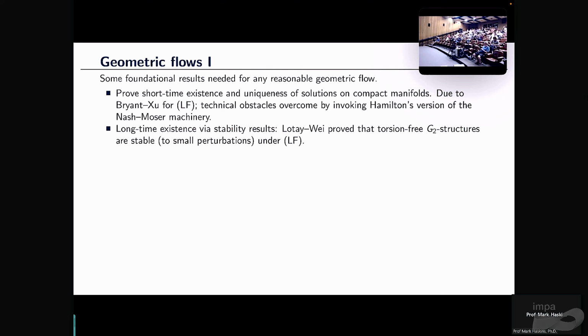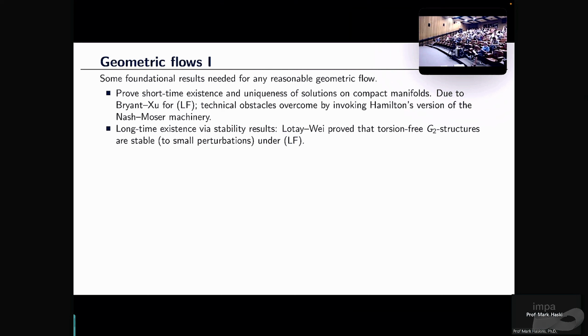The proofs there are a little more complicated than in the Ricci flow world, in that the analog of the de Turck trick doesn't work so well, but still, if you're willing to use Hamilton's original version of the Nash-Moser machinery, then this is also kind of standard. So it's a locally well-posed problem: you can start with any background closed G2 structure and flow it for a little while, and there's a solution and it's unique.